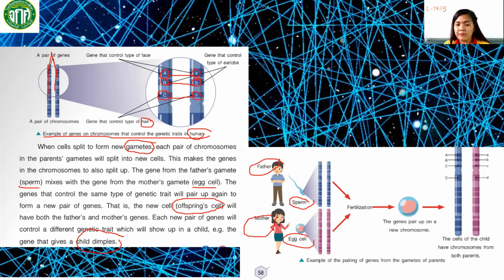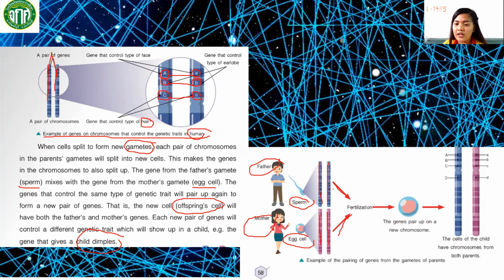So this sperm will have a pair of chromosomes, and also the egg cell that comes from the mother. And then they will pair up through fertilization. The sperm will fertilize the egg cell. So the genes pair up on a new chromosome.